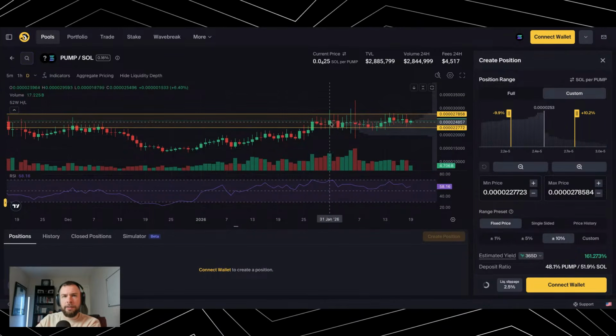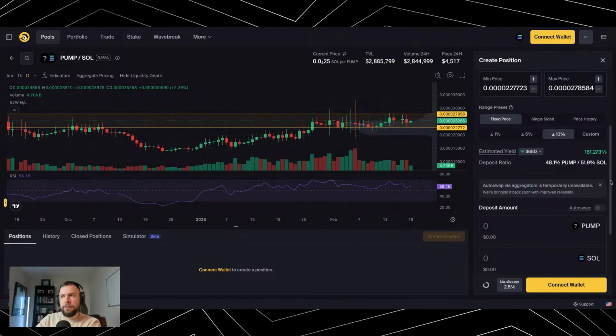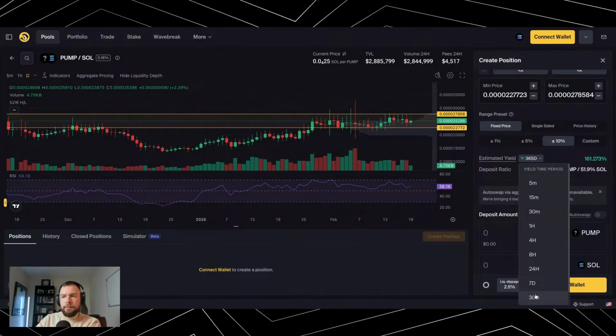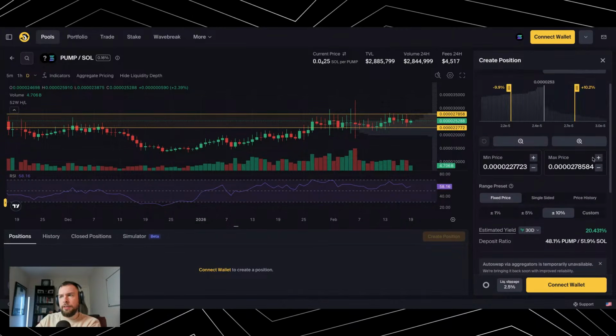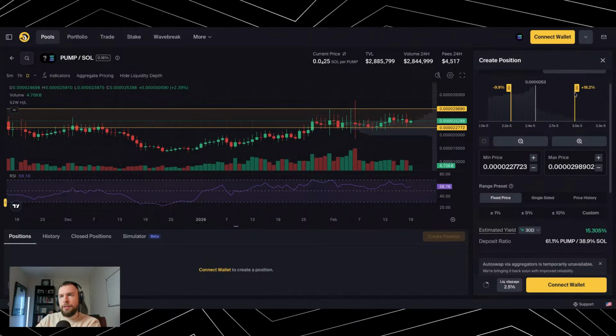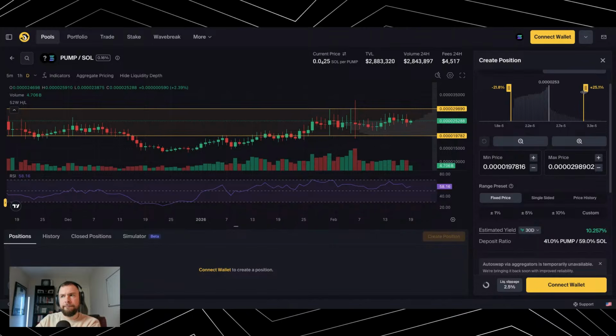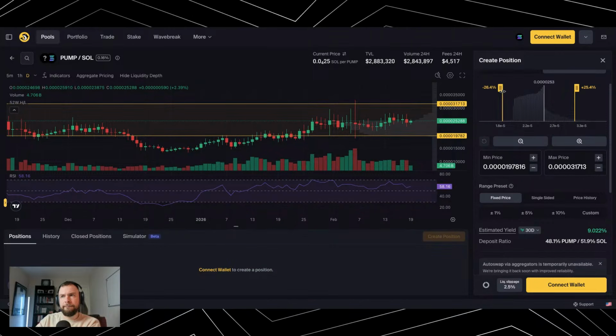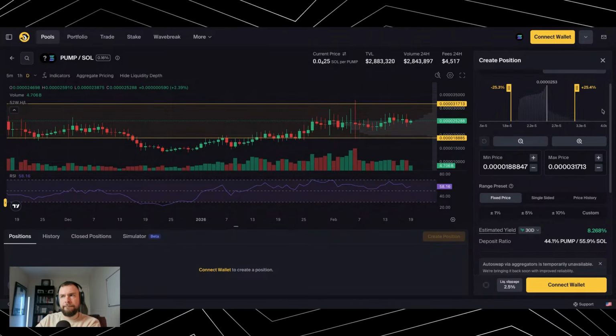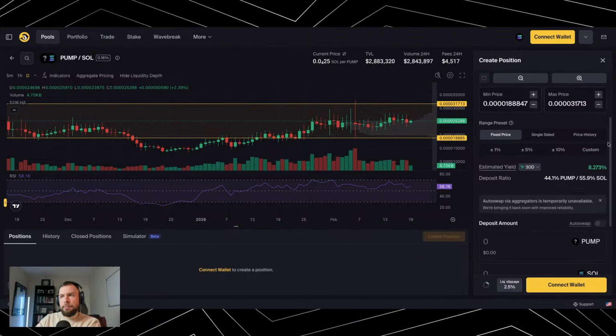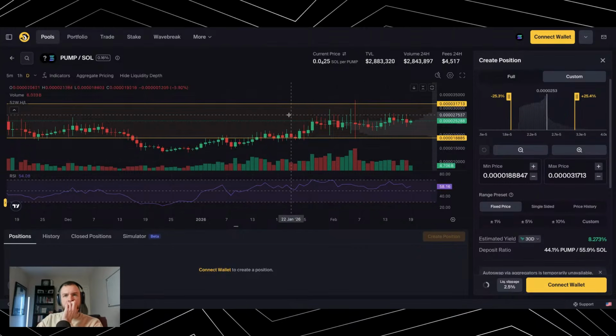This one here, 20%. You could probably go a lot wider with this range. 8% a month with a 50% range. That's been in for 6 weeks.